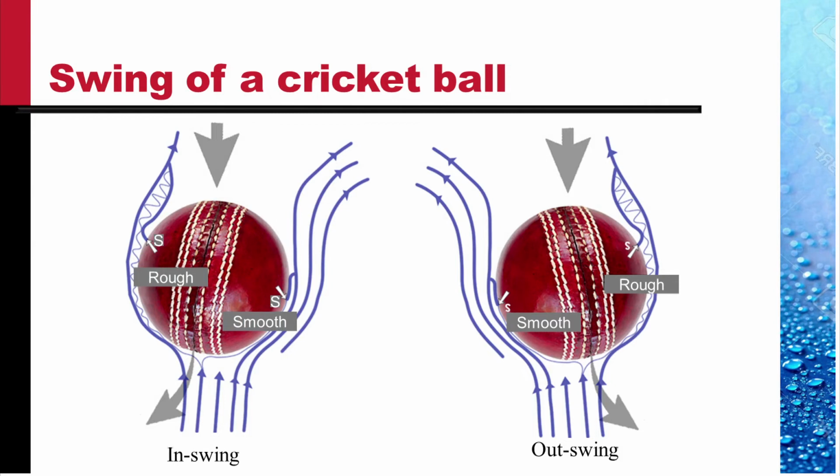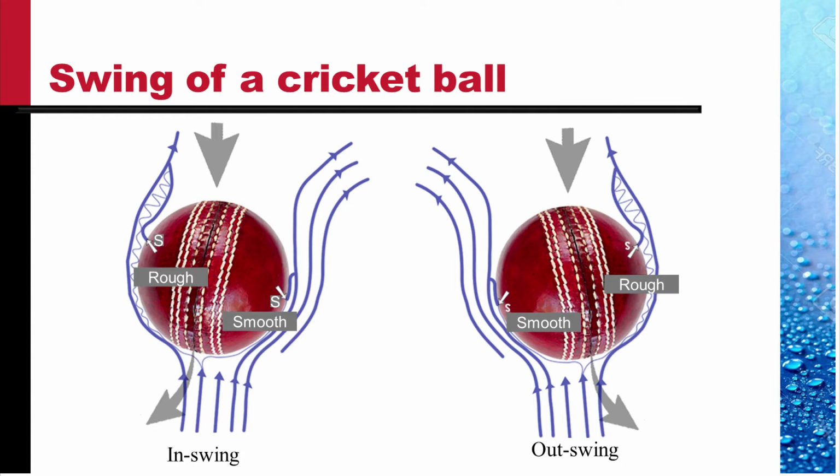On the other hand, if the seam was tilted as shown on the right, this story reverses. On the left side is the smooth side, and we get laminar separation here, while on the right is the rough side, the air passing over the seams and becoming turbulent, and the separation is delayed.